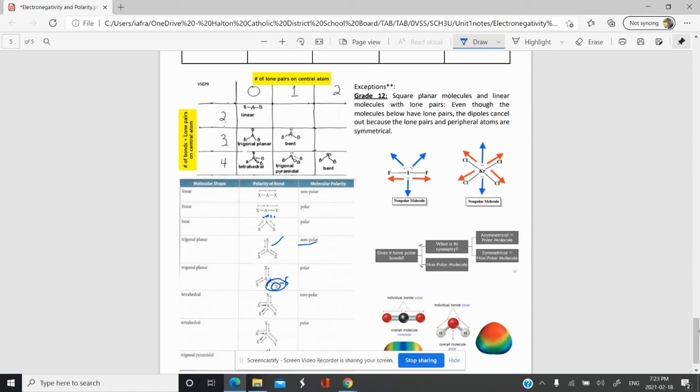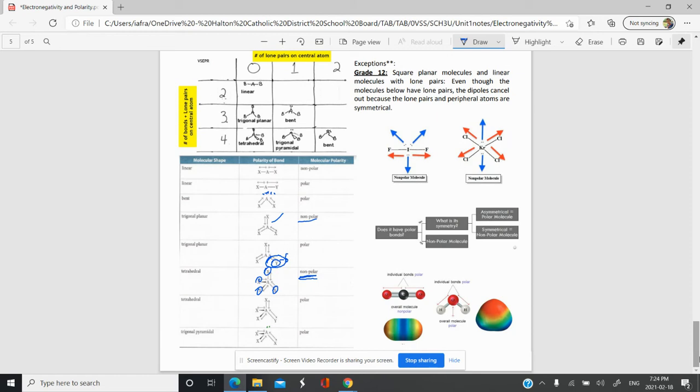If you had tetrahedral, and they're all the same peripheral atoms, then you're going to have the non-polar situation. If you have tetrahedral but they're not all the same atoms, then it's polar because, again, this is pulling in a slightly stronger direction, or with a slightly stronger force. Or it could be the other ones pulling with slightly stronger force.